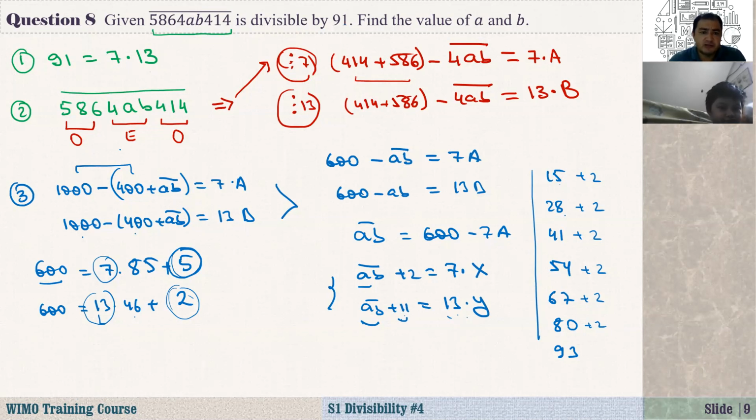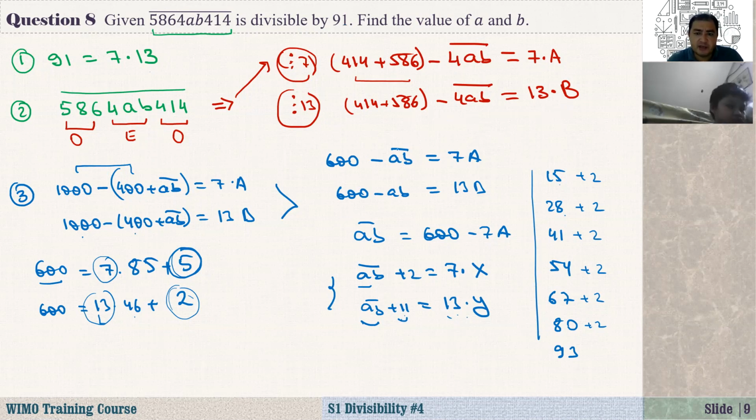That's correct. So to be divisible by 7, the sum of these digits, 414 plus 586, that's equal to 1000 minus 4AB, right? That is the divisibility rule. So it should be divisible by 7, and 414 plus 586 minus 4AB should also be divisible by 13 times b.